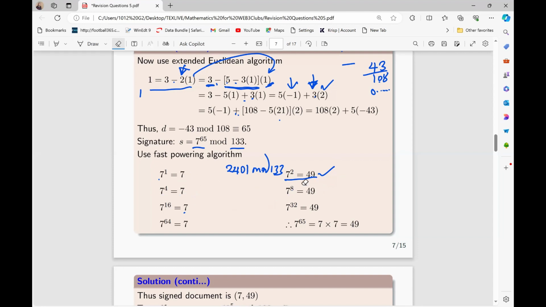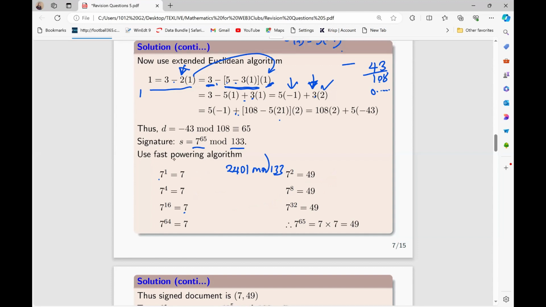This fast exponentiation algorithm, we've done it quite a number of times. I know we are very much familiar with it. Now, we did up to 7 raised to 64. And we knew that squaring this one again would have given us 7 raised to 128, which is above what we want. What we want is just 7 raised to 65.